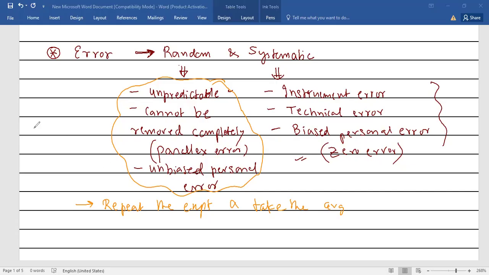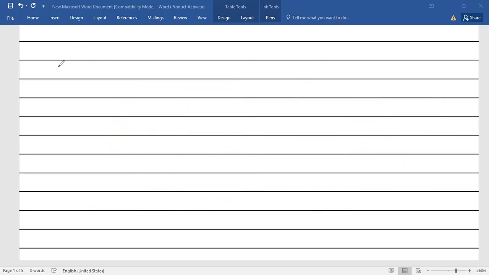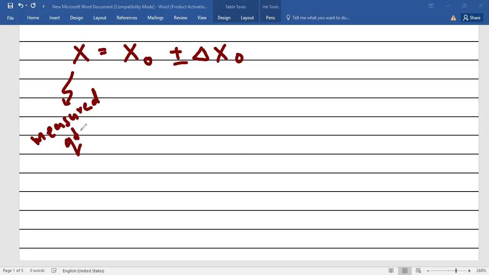Any measured quantity can be written like this: x is equal to x naught plus minus delta x naught. Here x is the measured quantity. It may be force, mass, time, velocity, acceleration, any physical quantity that you are measuring with the help of a measuring instrument.